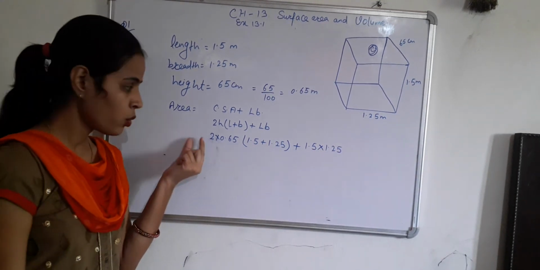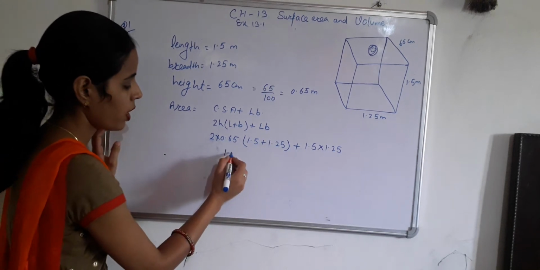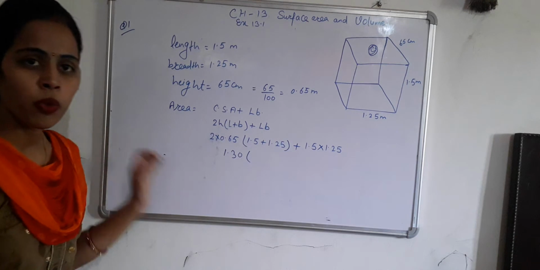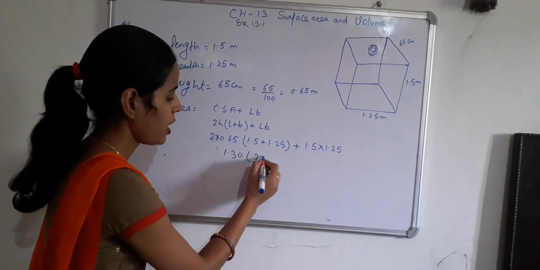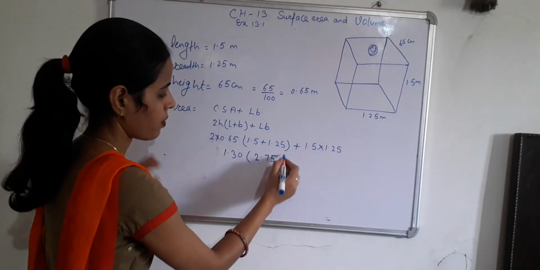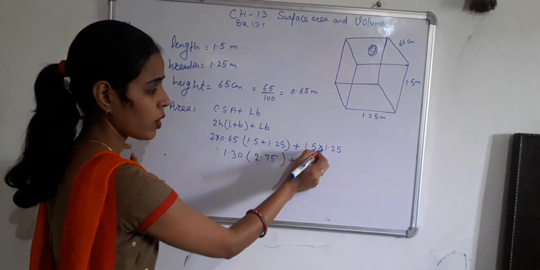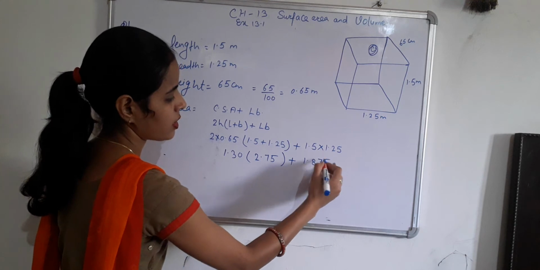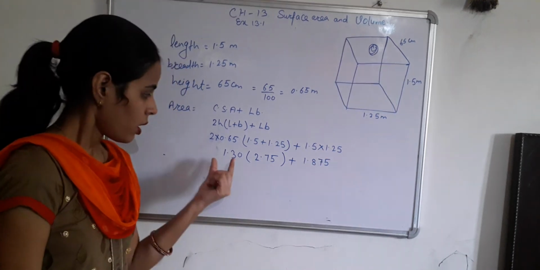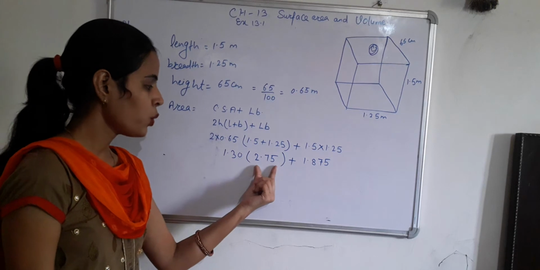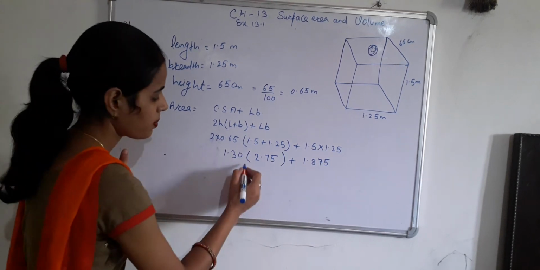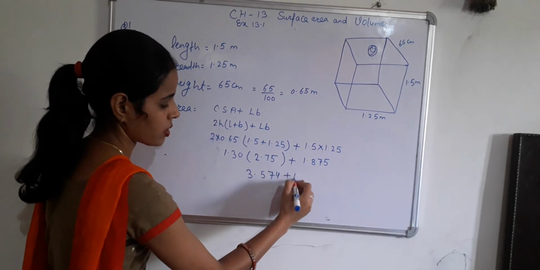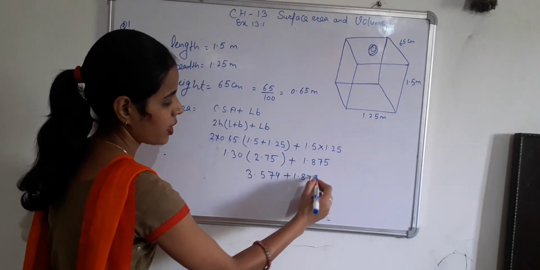If we multiply 2 by 0.65 then 1.30 into 1.5 plus 1.25 is 2.75, plus 1.5 into 1.25 is 1.875. 1.3 multiplied by 2.75 then 3.575 plus 1.875.